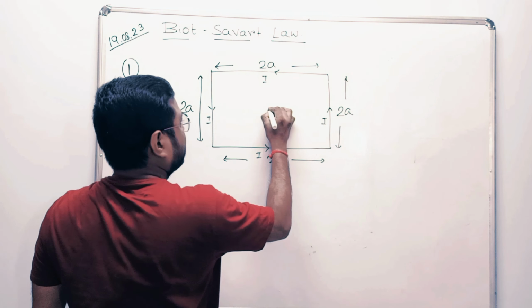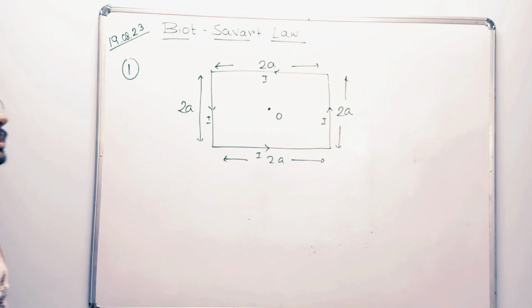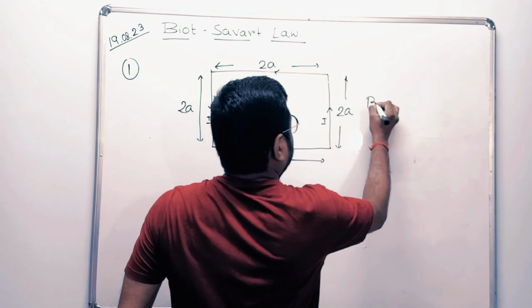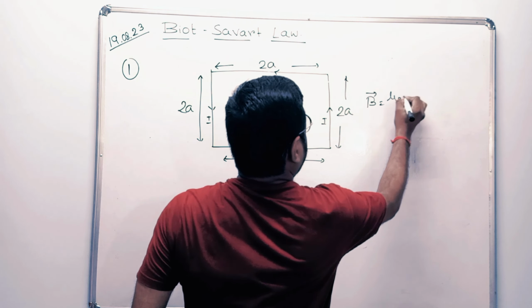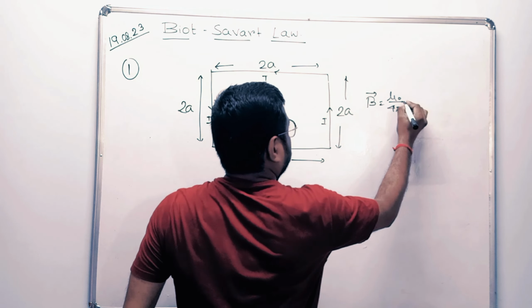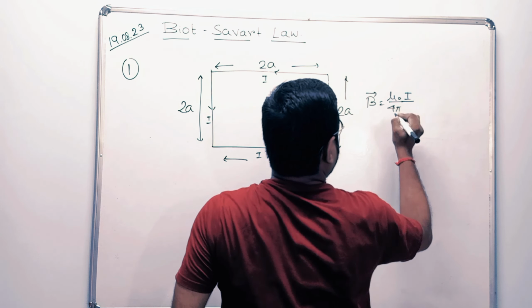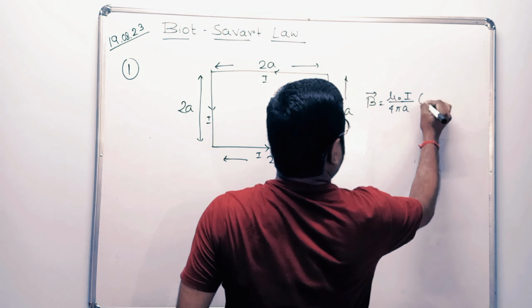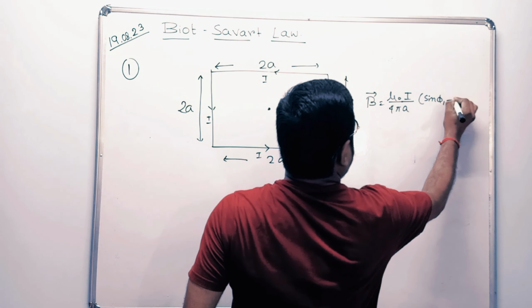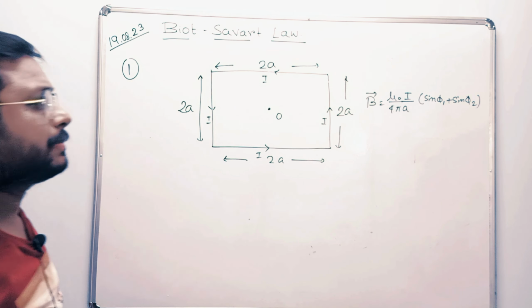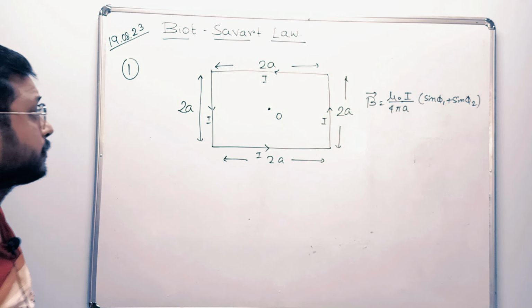So what will be the magnetic field at the center of this square? For this we know that B equal to mu naught I by 4 pi a into sin phi 1 plus sin phi 2.